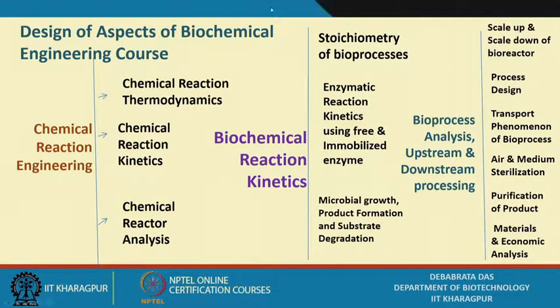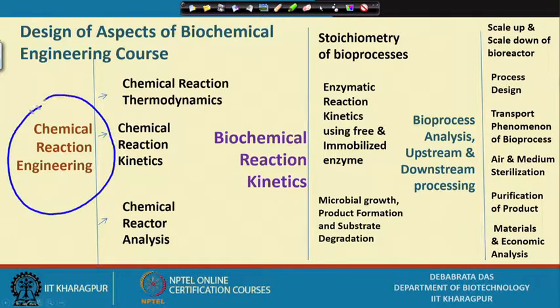If you look at this, we divided it into 3 different areas. First is chemical reaction engineering. I told you that to know biochemical engineering, we should first have some idea of chemical reaction engineering, and to know that, first we discussed chemical reaction thermodynamics.